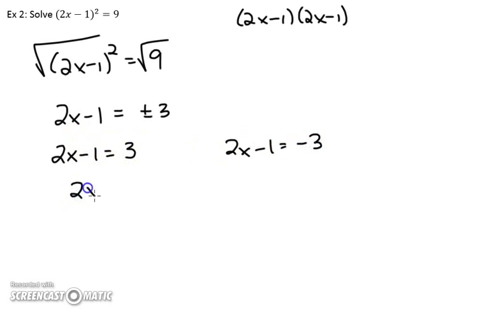So add 1, so x equals 2, or x equals, what, negative 1 over here, is that right? And again, we would want to check to make sure that these things work, but in the interest of time, we're going to move on.